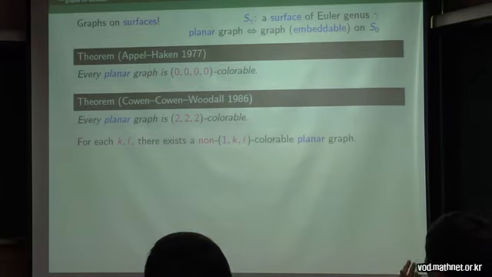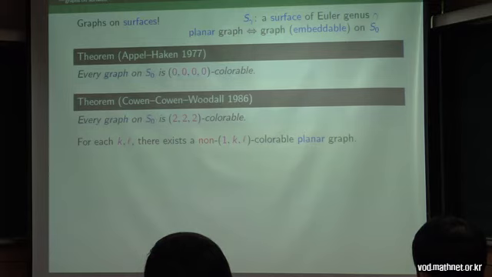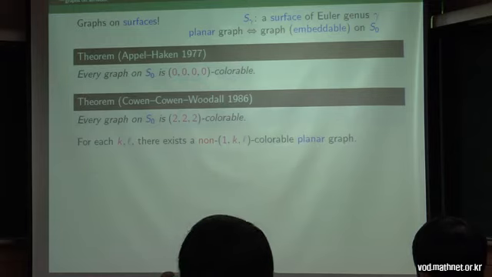This is one of the earlier slides. This fact that every planar graph is 4-colorable and every planar graph is (2,2,2)-colorable is the same as saying every graph on a surface of Euler genus 0 satisfies these two colorability conditions.